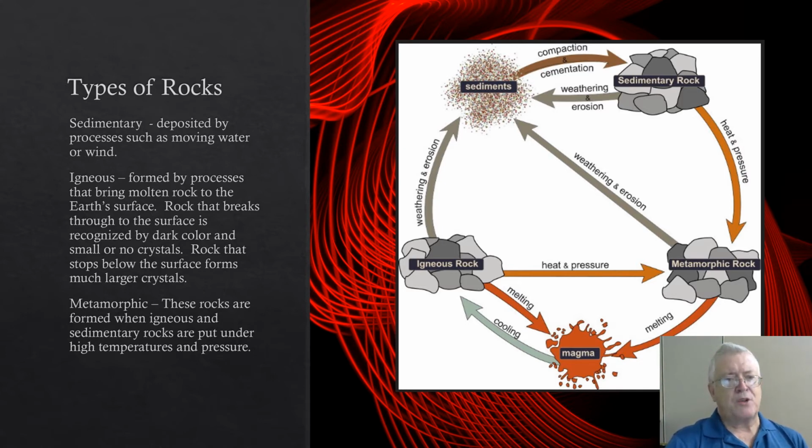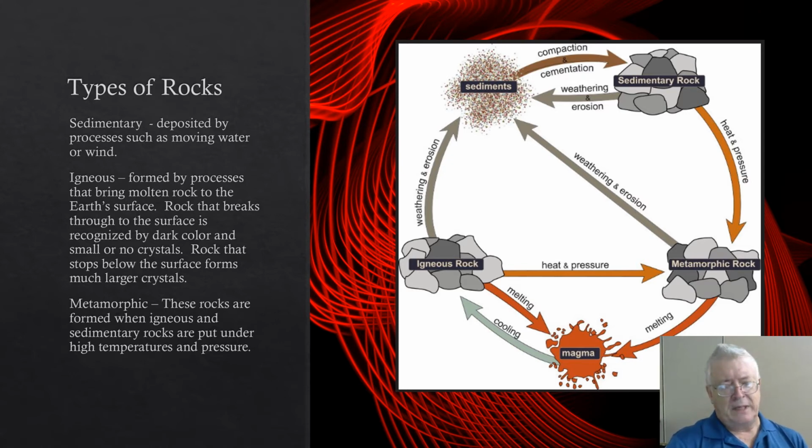Rock that breaks through to the surface is recognized by a dark color and small or no crystals. What we would call lava that's hardened is usually scoria. Scoria is the black rock that has holes in it.